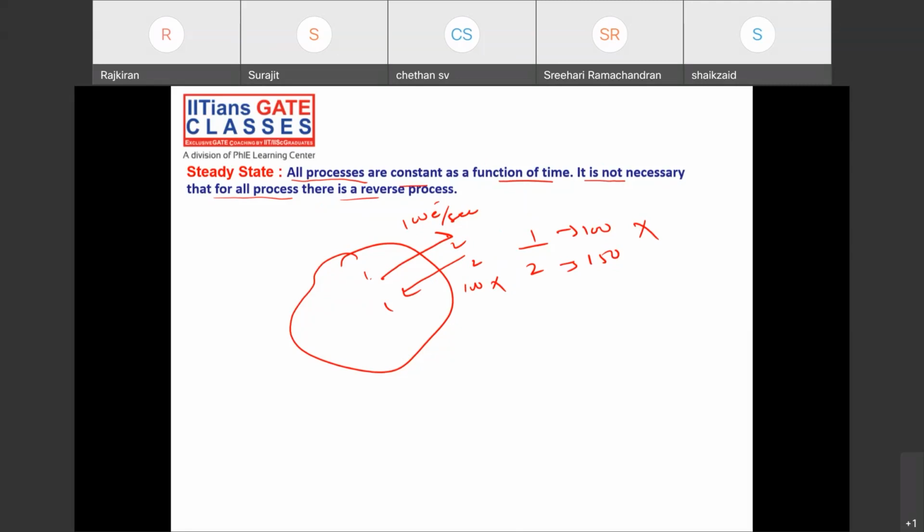Can I ask you one question? If a semiconductor is in equilibrium, then it will definitely be in steady state.